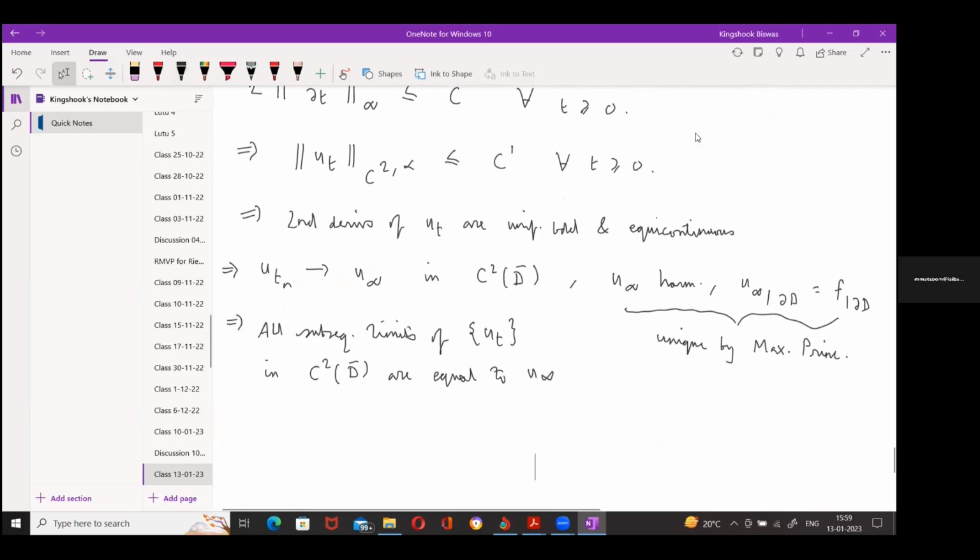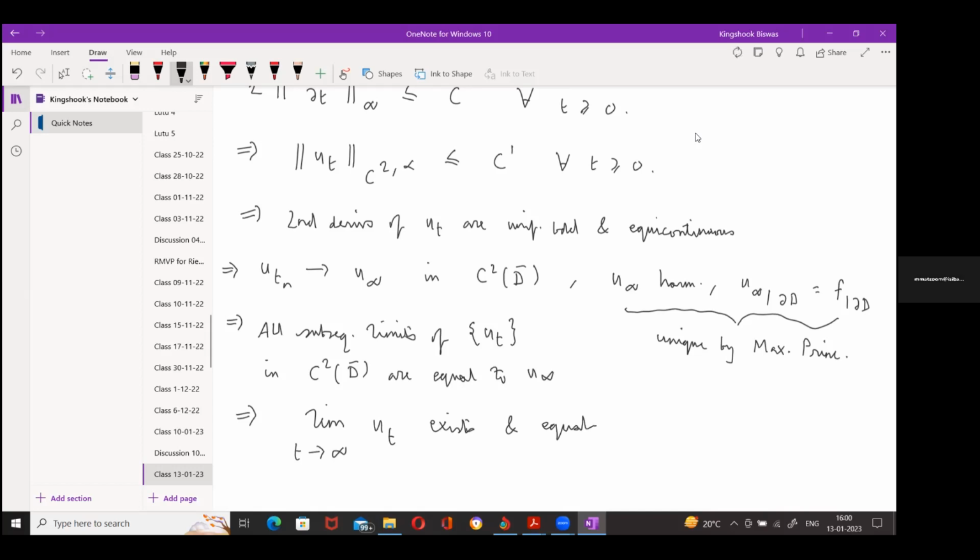But now if I have a family of functions where all the subsequential limits are equal, then the whole family converges. So the limit as t tends to infinity of ut exists and equals u infinity.